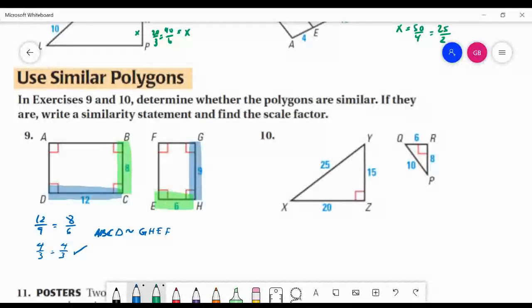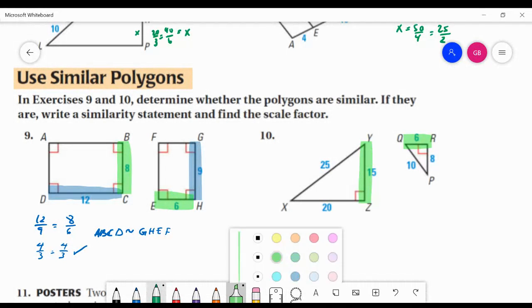For number 10, again, we're going to see if the corresponding sides are proportional. So let's start with the shortest one, which is going to be 15 and 6. The medium one is the 20 and the 8.